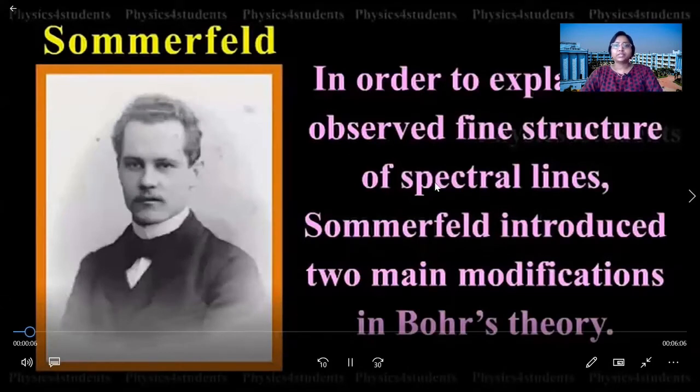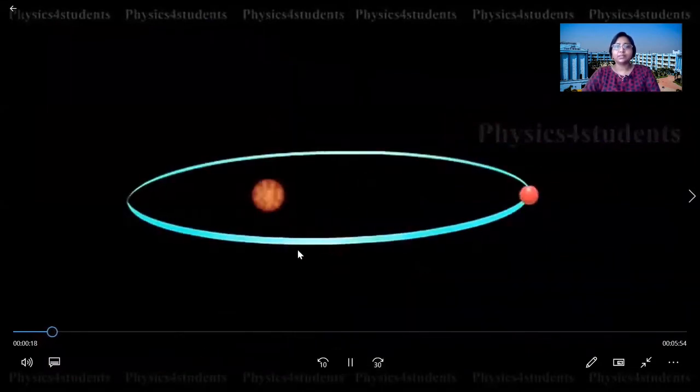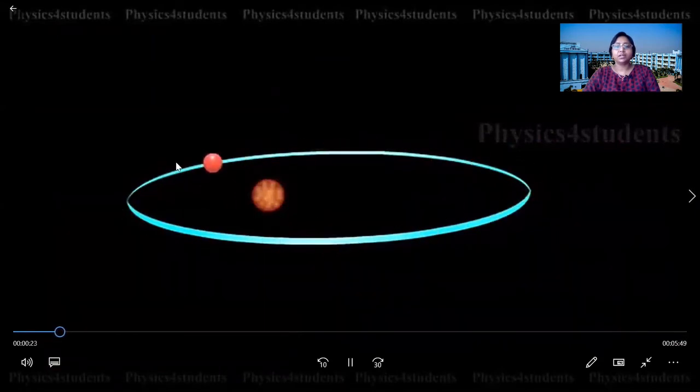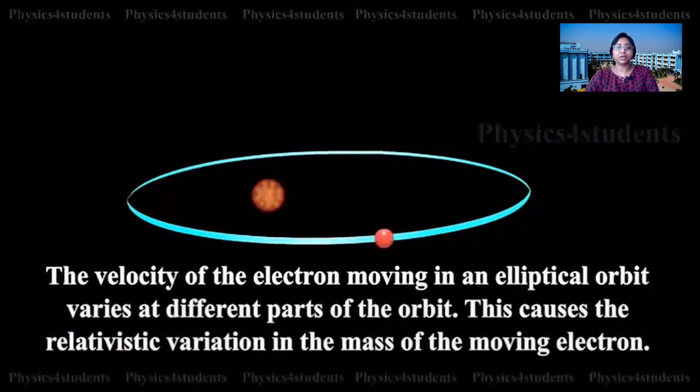In order to explain the observed fine structure of spectra, Sommerfeld introduced two main modifications in Bohr's theory. So here you have the nucleus, and the electron is moving not in a circular path, it is in an elliptical path. The velocity of the electron moving in an elliptical orbit varies at different parts of the orbit.